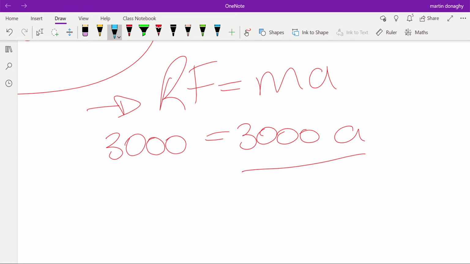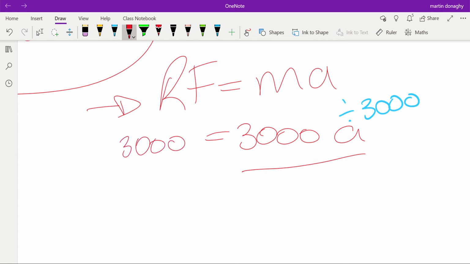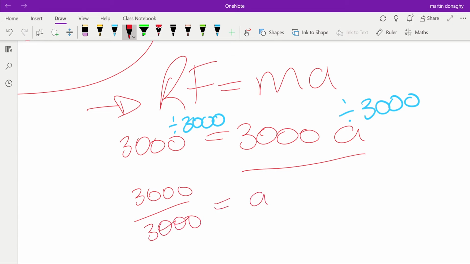If I have 3,000 A's and want 1A, I divide by 3,000. But if I do that to one side of the equal sign, I also have to do it to the other side. So 3,000 divided by 3,000 equals our acceleration. That is just 1, and acceleration is measured in meters per second squared.